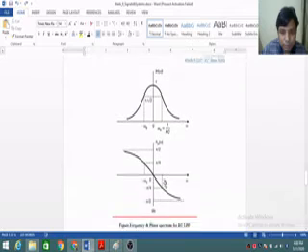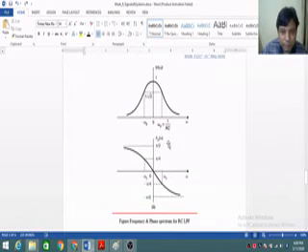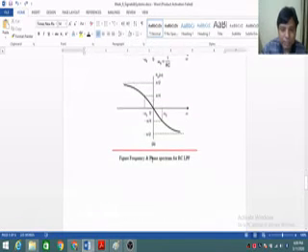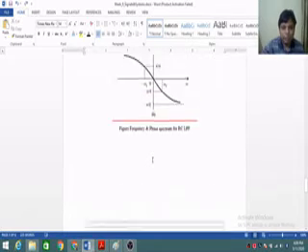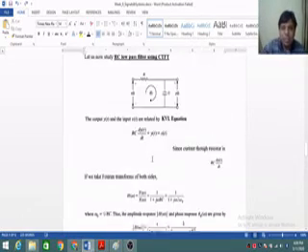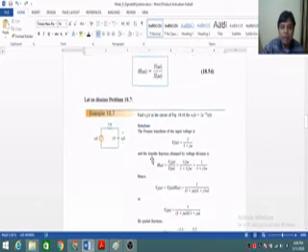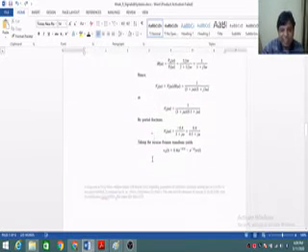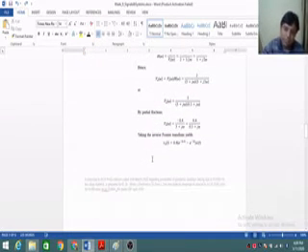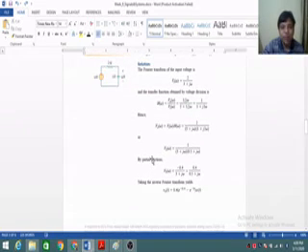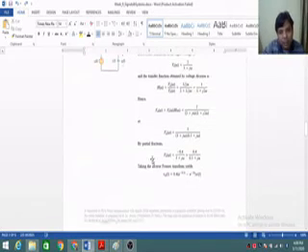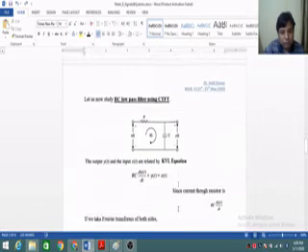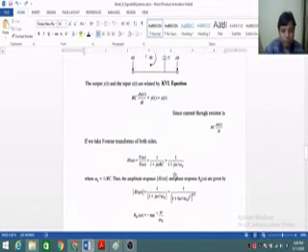If we plot, this will be the magnitude spectrum and this will be the phase spectrum of the RC low pass filter. So these are the two ways in which we can solve a circuit in the CTFT domain. Thereby we can find out the impulse response and the step response of a given circuit by using this method, either by the direct method or by solving the differential equation.